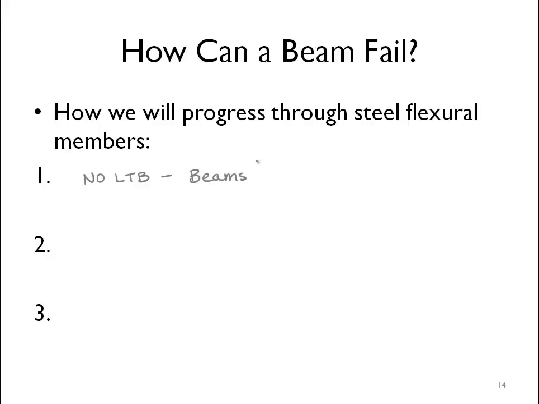And this will be true for beams that have continuous lateral support. All I mean by continuous lateral support is that the compression flange of a beam loaded in flexure is restrained against lateral movement along its entire length.